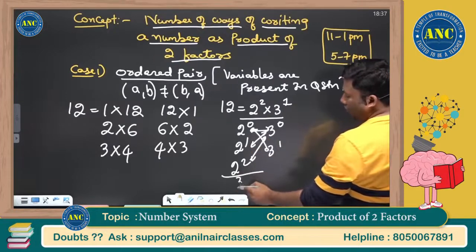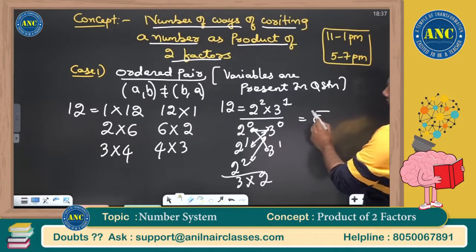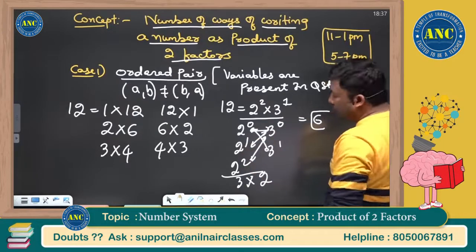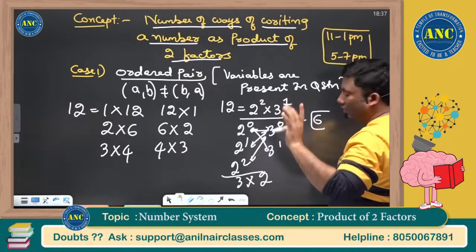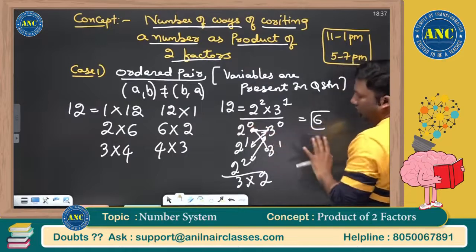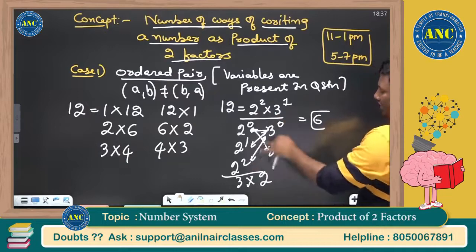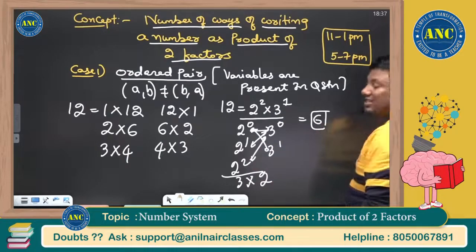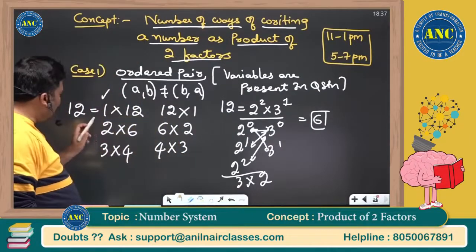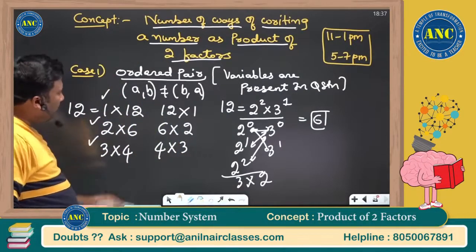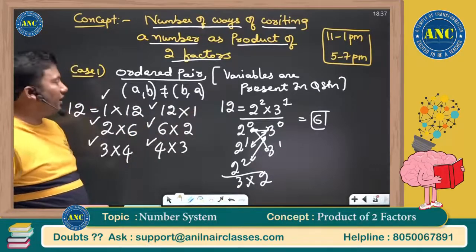Every power of 2 is combined with every power of 3 to get the total factors. 0 to 2 gives 3 choices, 0 to 1 gives 2 choices. Totally 6 factors are there. This is the first way, second way, third way, fourth way, fifth way, sixth way. Total 6 ways we got.